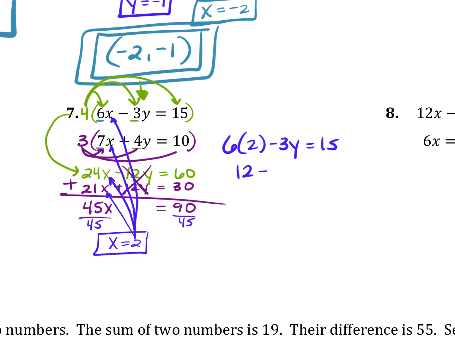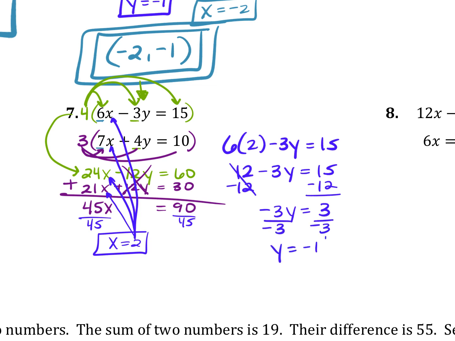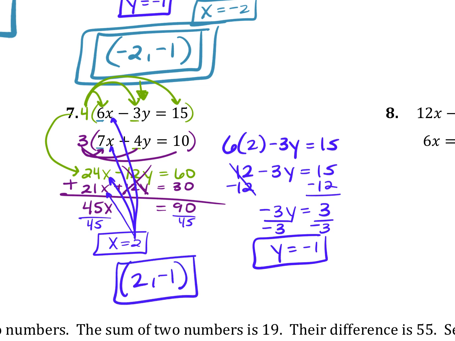So 12 minus 3y equals 15, and I'm going to take away the 12. So we get negative 3y equals 3, and then we're going to divide by negative 3. So y is negative 1. Very similar answer to the one up top. So this is 2, negative 1 for your solution.